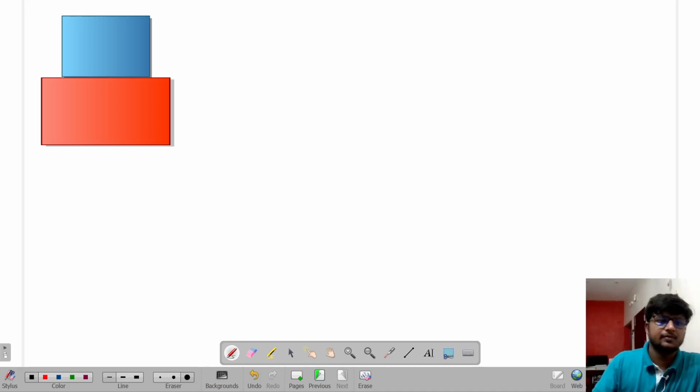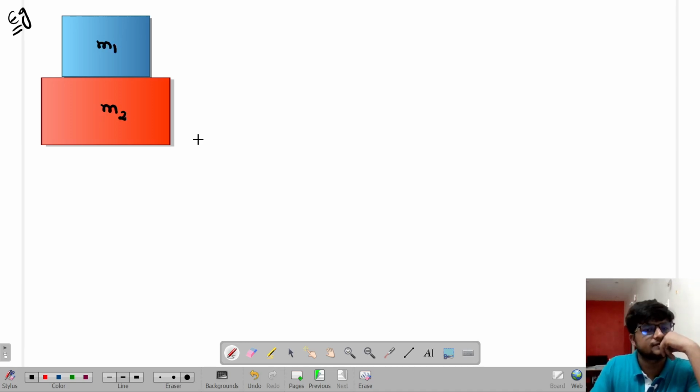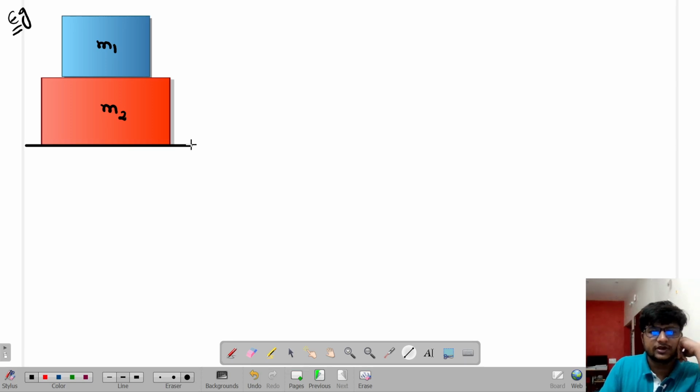Okay. So look over here. Let's take an example of these two blocks. One block is of mass m1. Another block is of mass m2. I placed them on top of each other, and I kept them on the ground. So if I look at their normal, how do we draw the normal?